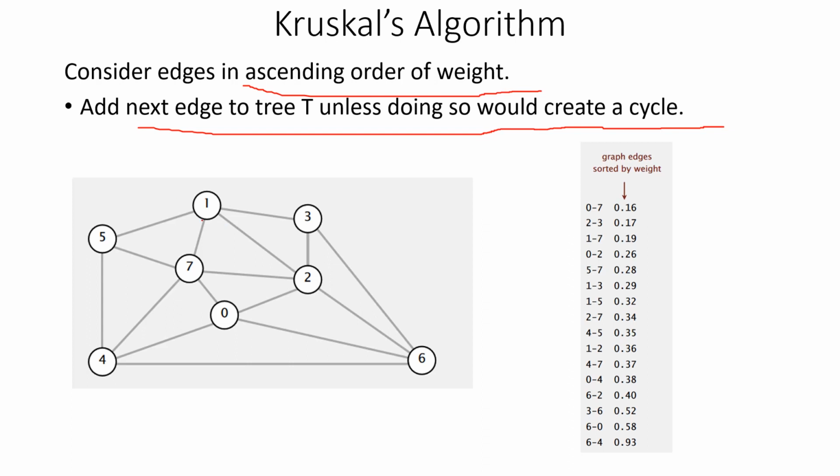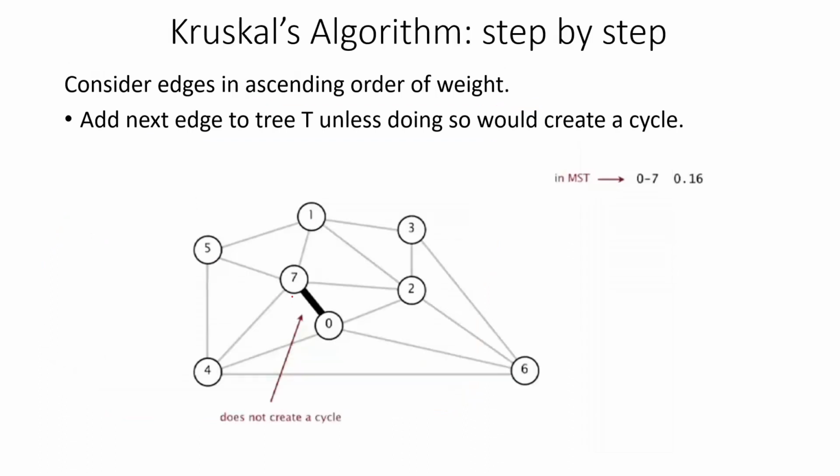For example, here, as you can see, this is an undirected weighted graph, and here we have the weights, sorted according to their values. First we start with the edge with the minimum value, which is 0.7.